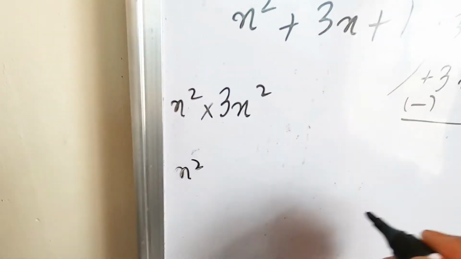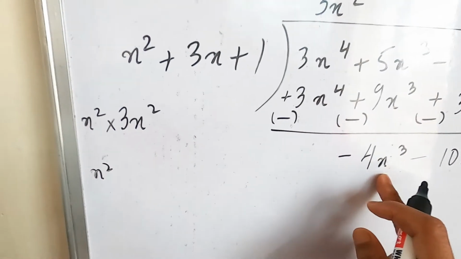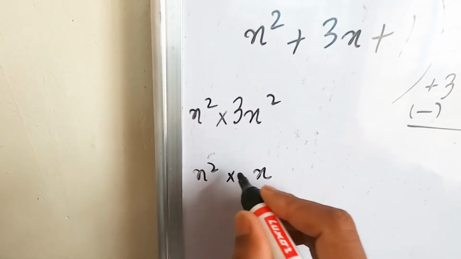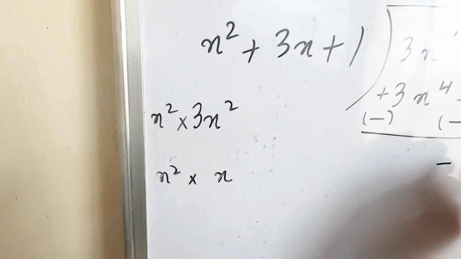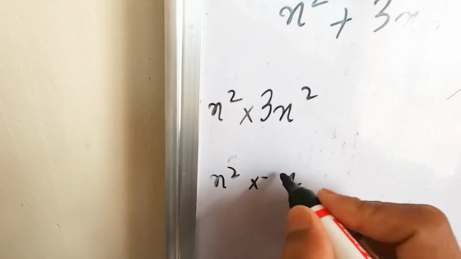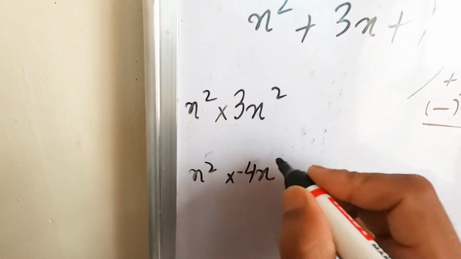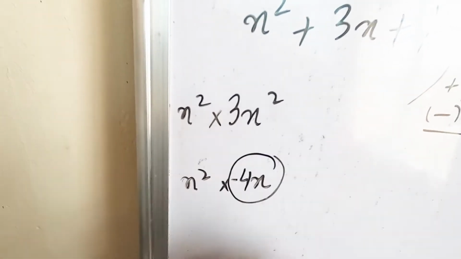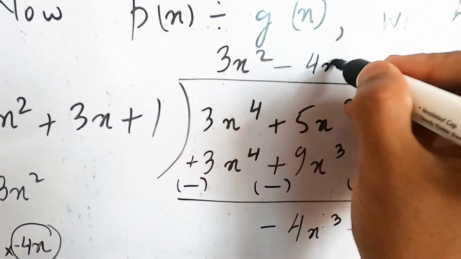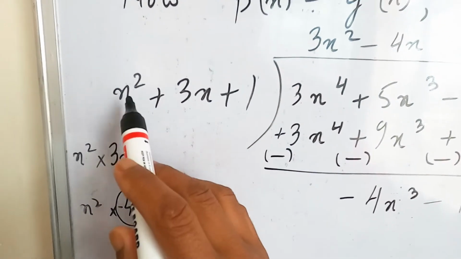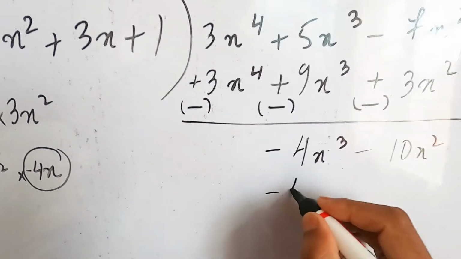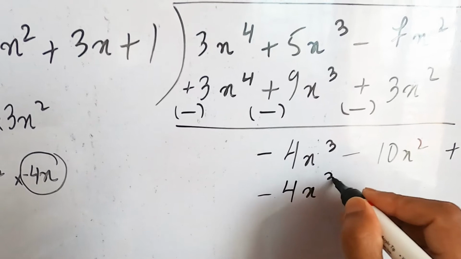So x square, in this case the power is x to the power 3, so it will be into x, because x square into x will be x to the power cube, and here we have minus 4, so we will simply write here minus 4x. So in this case the next quotient will be minus 4x. All right, so now next x square into minus 4x, we will be getting minus 4x cubed.